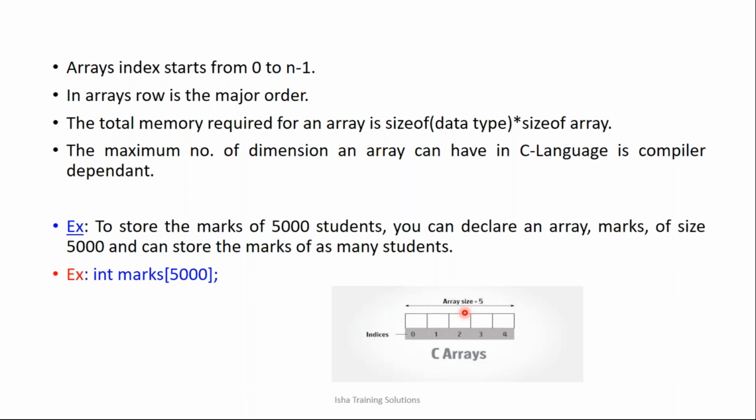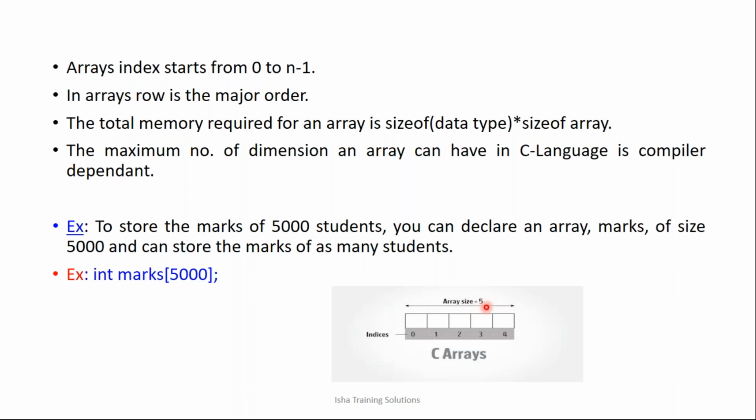Repeating again, if we declare an array of size n, for example 10, it means that array can hold 10 values. That is clear, but the index value will always start from 0, so the highest index number of that array will always be n minus 1.